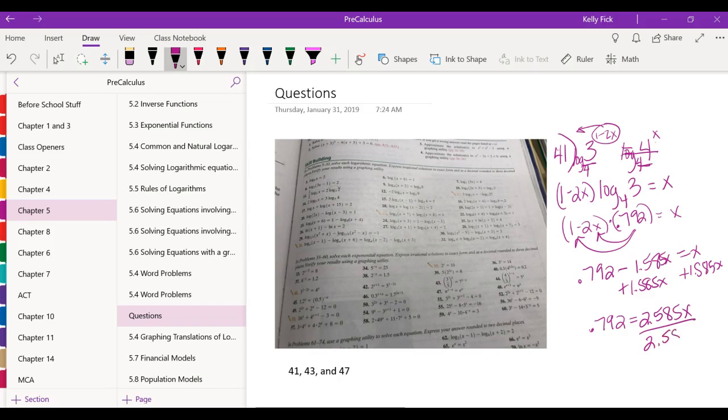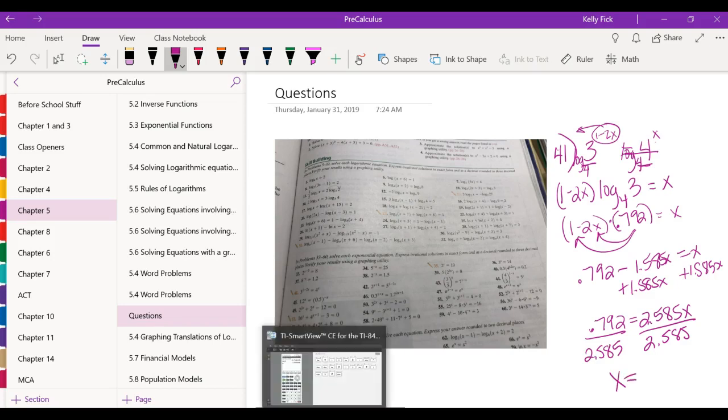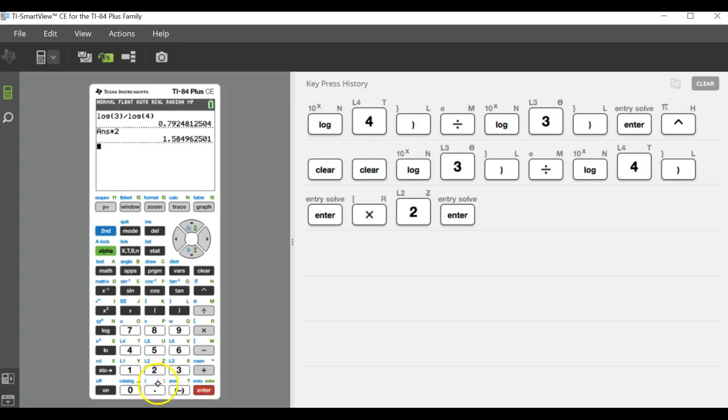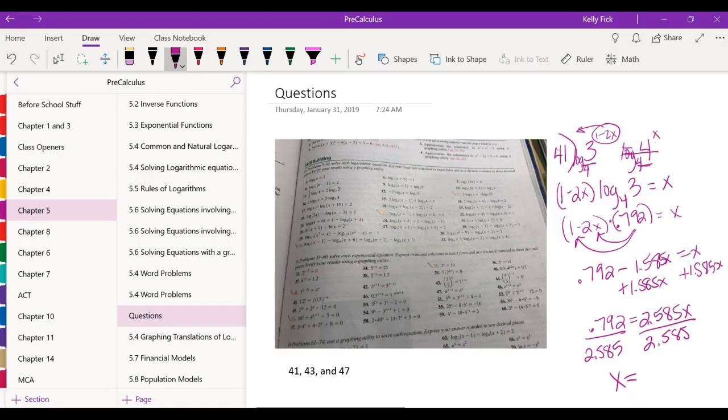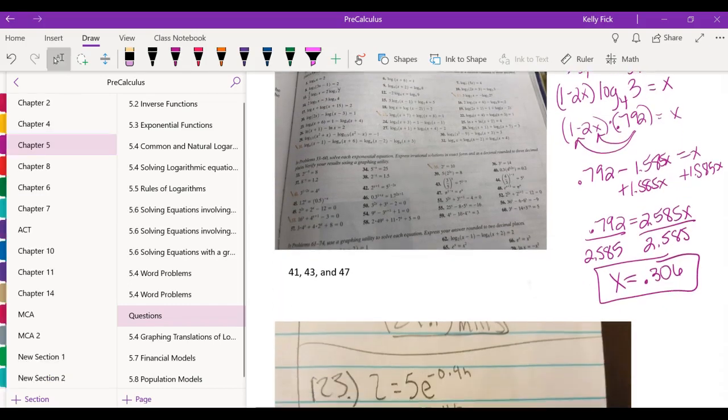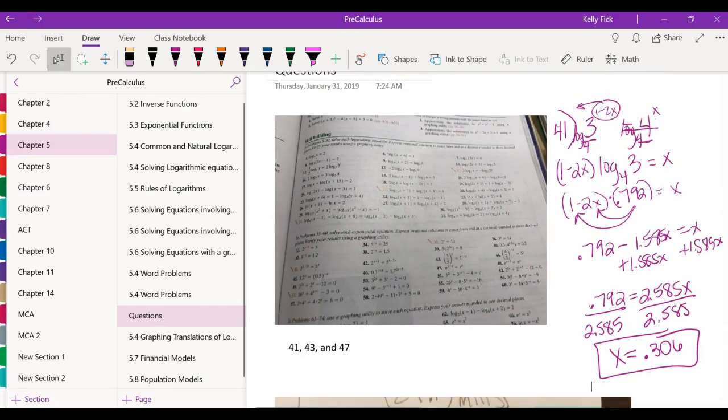And I would divide by 2.585. So x is 0.306. So 0.306 should be your answer.